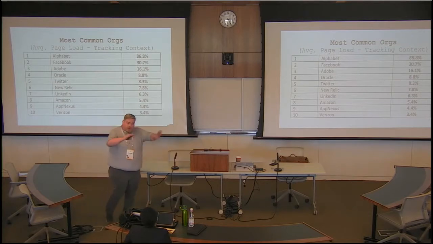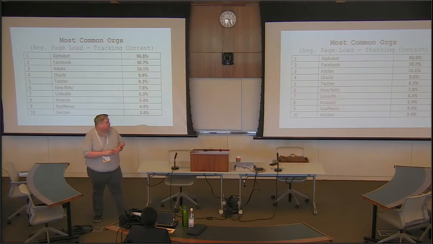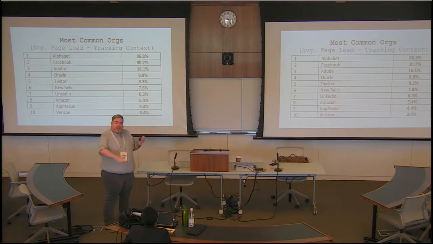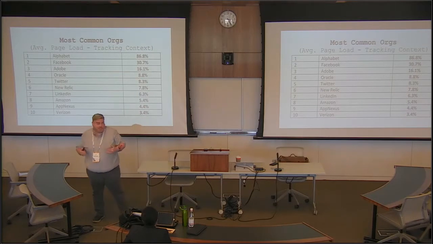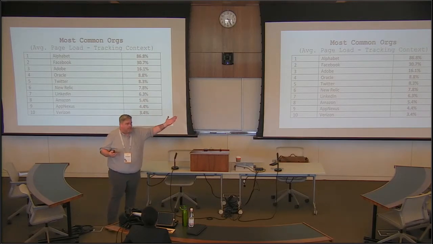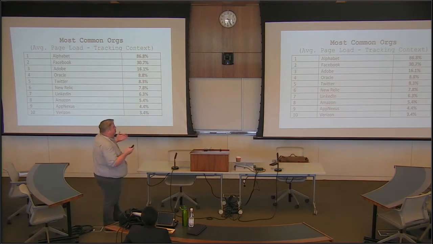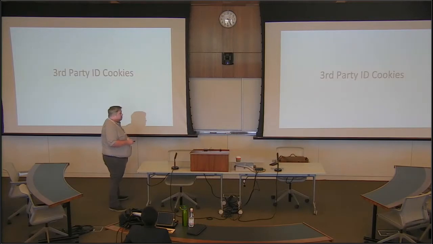So Google is everywhere, and then Facebook is in about a third of the places, and then it drops down even farther. So this is a very long tail. Lots of organizations are tracking, but only a handful are in lots of places, and only one is in over half the places. So that's what we see from looking at the HTTP requests.